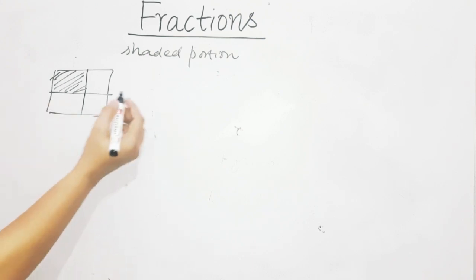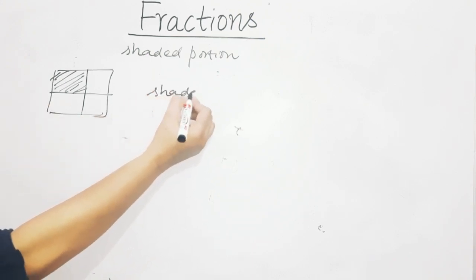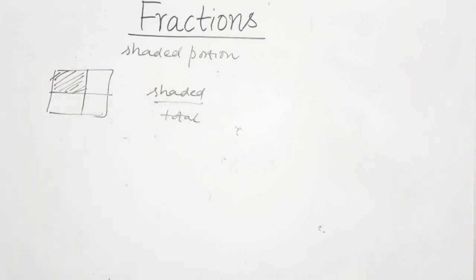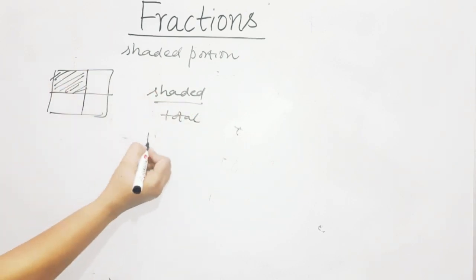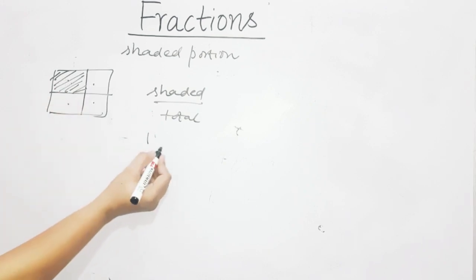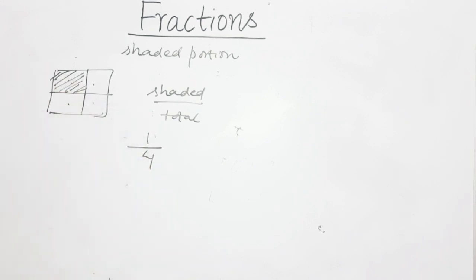The formula will be shaded upon total. How many parts are shaded? 1 part is shaded. And the total number of parts in this figure is 1, 2, 3, 4, including the shaded one. So out of 4, only 1 part is shaded.